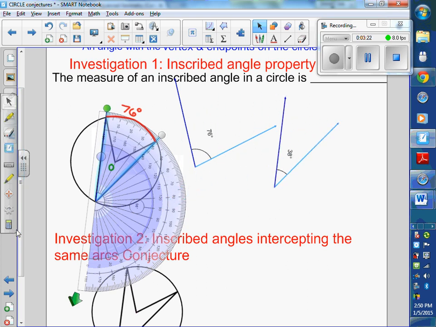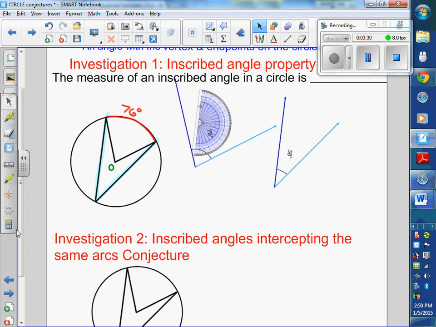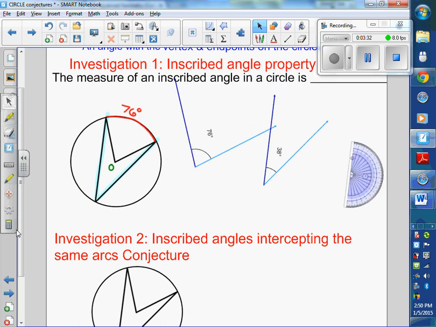And we get 38 degrees. So let's get rid of this protractor and look at the relationship between 38 and 76 degrees.